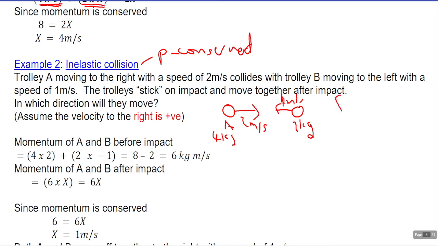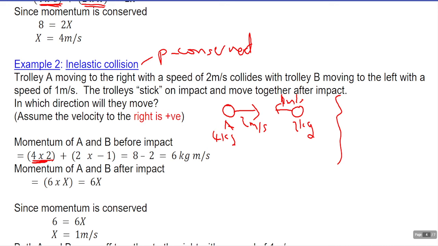So after the collision, we are going to have the trolleys moving in different directions. So I'm going to go through it slowly. To the right is trolley A, which is 4 times 2, right? So that's positive momentum.